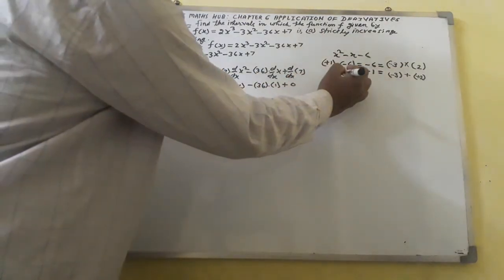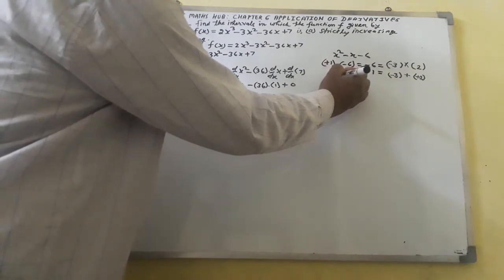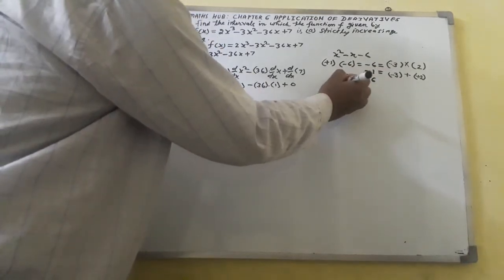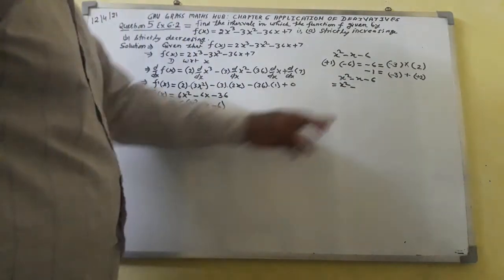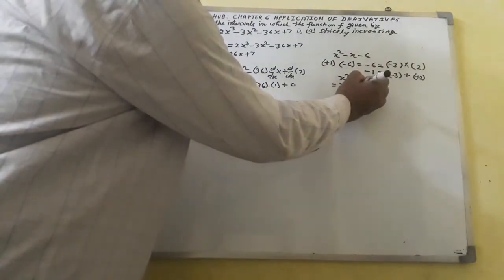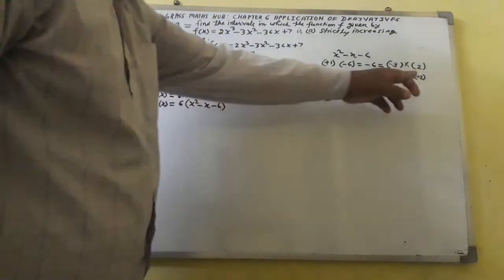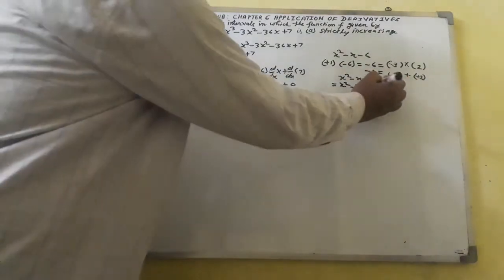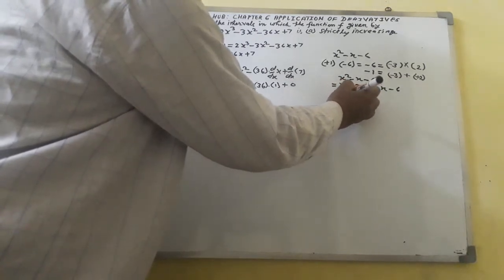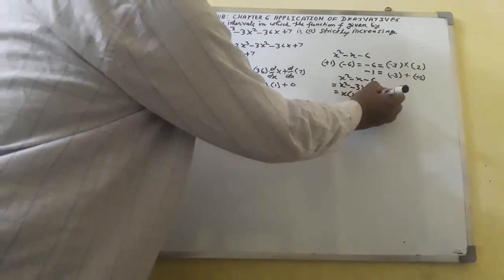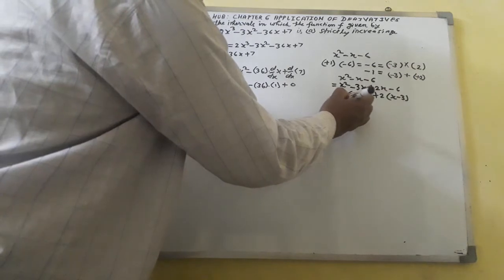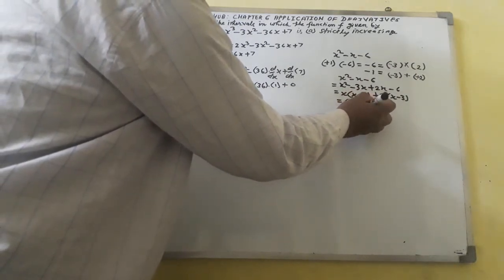Now factorize this quadratic equation: x square minus x minus 6 equals x square minus 3x plus 2x minus 6. Take x common from the first two terms: x times (x minus 3), plus 2 times (x minus 3), which equals (x minus 3)(x plus 2).